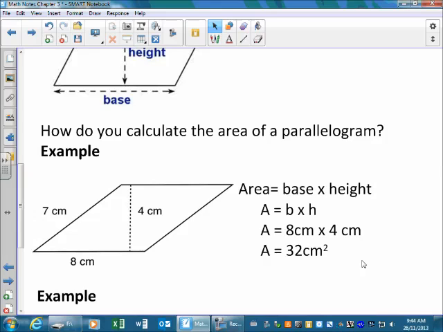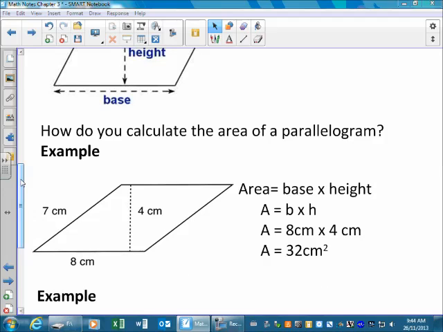Don't forget your units. And we have our height of 4 centimeters. So area equals 32 centimeters squared. When you're looking at a two-dimensional figure, we use units squared. In this case, it's centimeters squared. It could be meters squared, kilometers squared, whatever you're measuring your distance as.